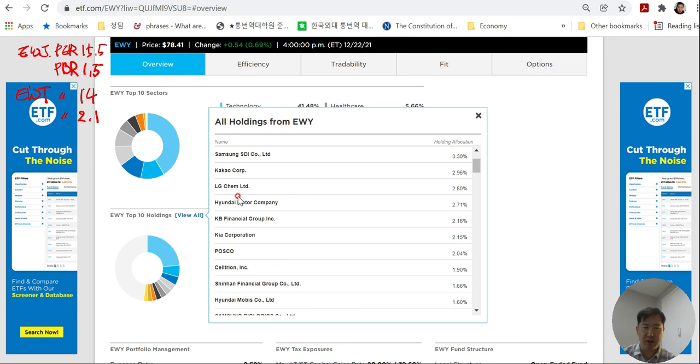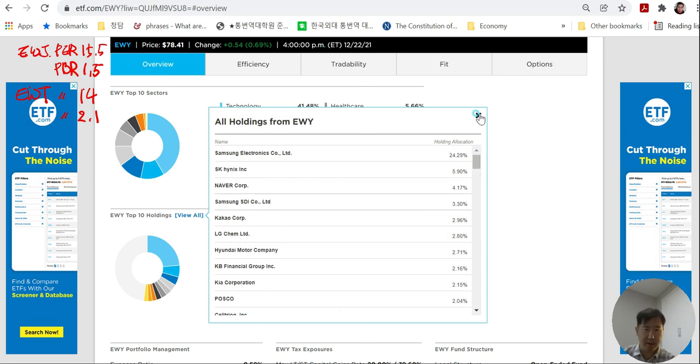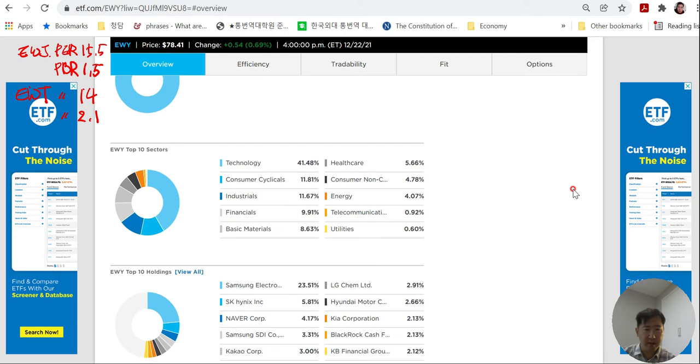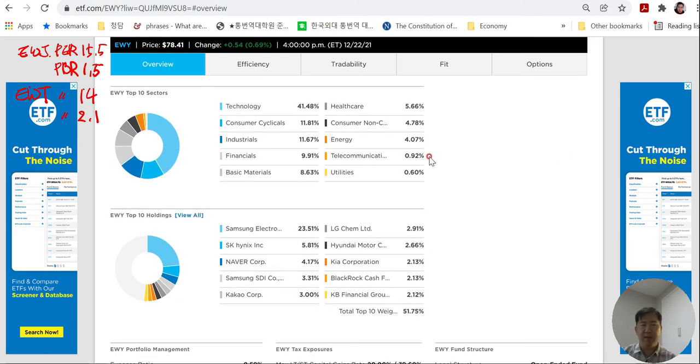And then LG Chemical. They're going for an IPO next January, and their major business is battery producing. Okay, and then we have Hyundai Motor. You guys know Hyundai, right? Car maker, right? Okay, so Korea is a comparatively diversified country.